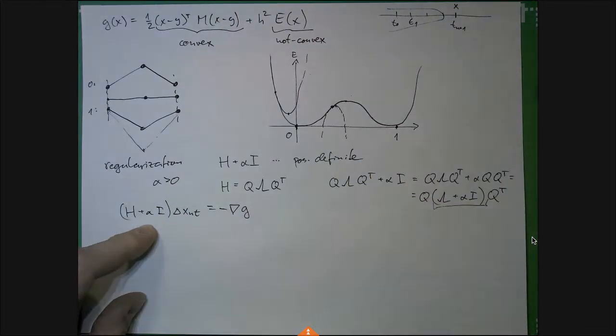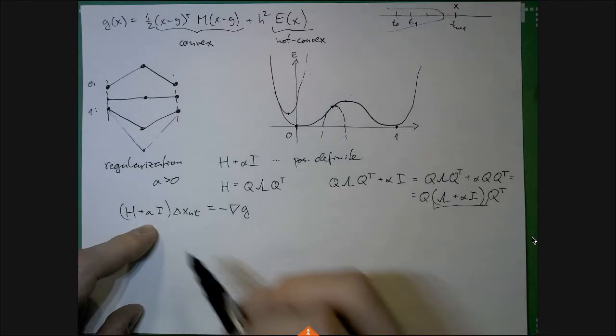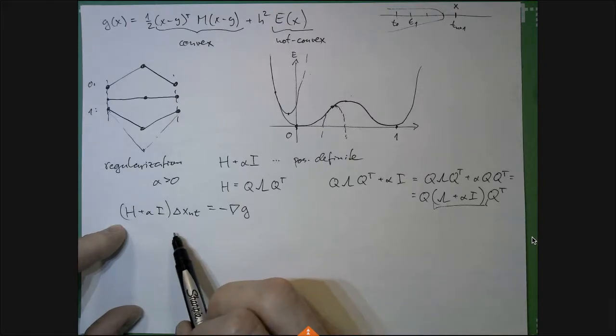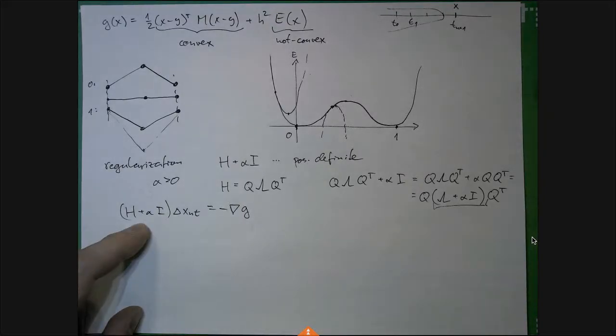The other advantage of this is that you can use solvers that assume the matrices are positive definite, because some solvers actually assume this. Like if you are running conjugate gradients or your favorite Jacobi, I think they assume it or they behave better if the matrix is positive definite. So that's actually another advantage of doing this.